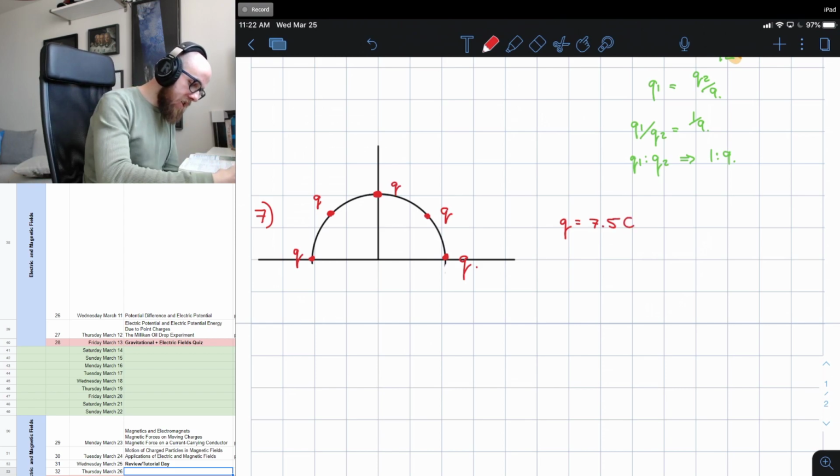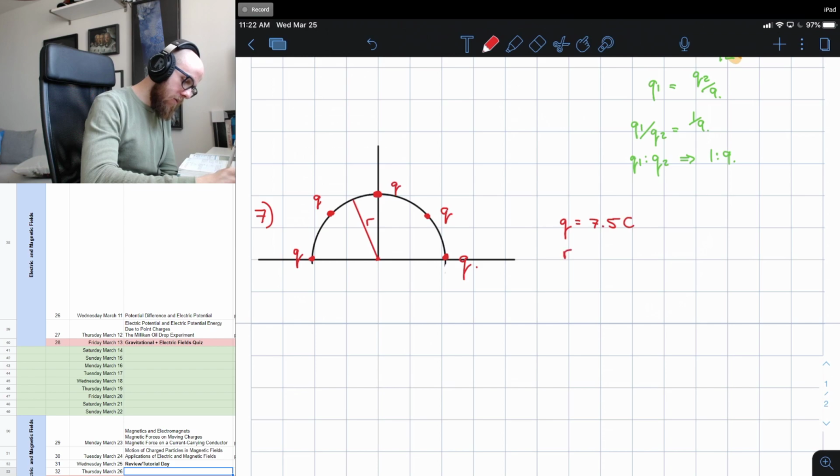And the radius of this semicircle is 2.3 meters. Actually, I'm just going to call that R, and R is equal to 2.3 meters.